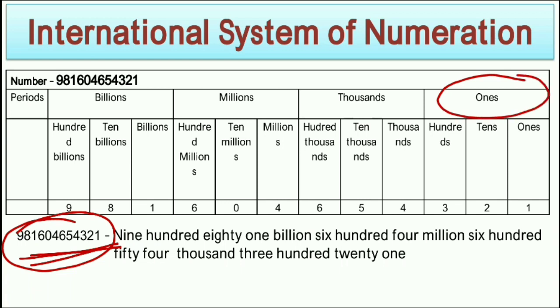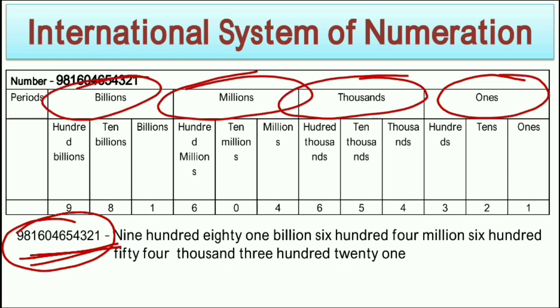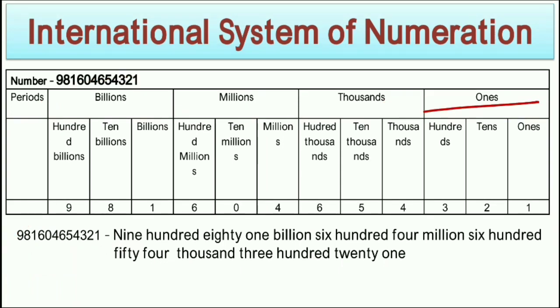Which periods are there? Ones, thousands, millions and billions. All these periods contain three digits. In the ones period 3 digits are there, the thousands period 3 digits, the millions period 3 digits, and the billions period 3 digits.